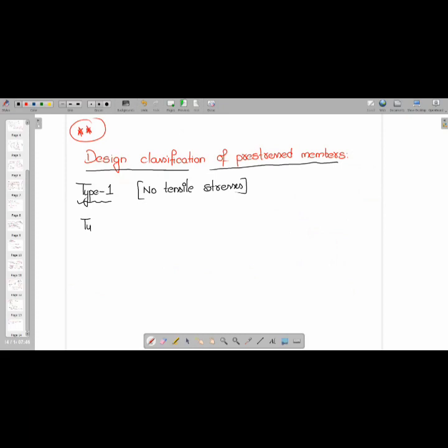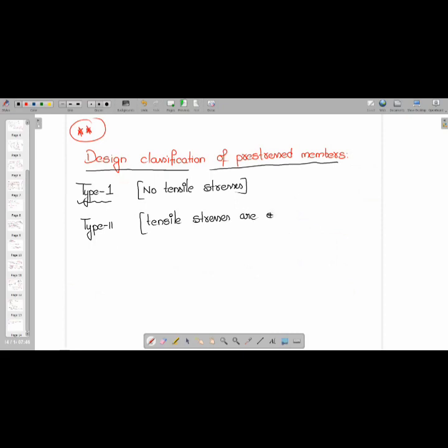When I talk about type 2, it means tensile stresses are allowed.